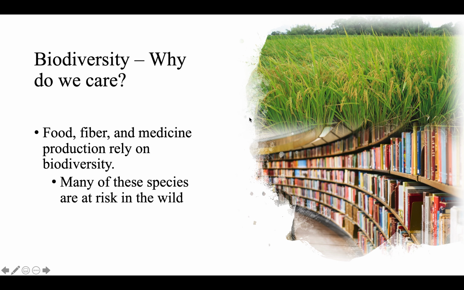So, for example, here's a photo of a species of rice that was almost nearly wiped out due to a virus. And so 7,000 different types of rice were tested to find one that could crossbreed with the species that was used for production here, which was Oryza sativa.